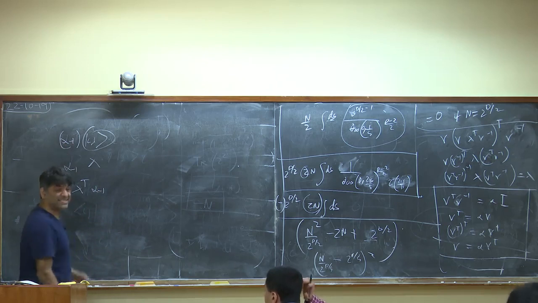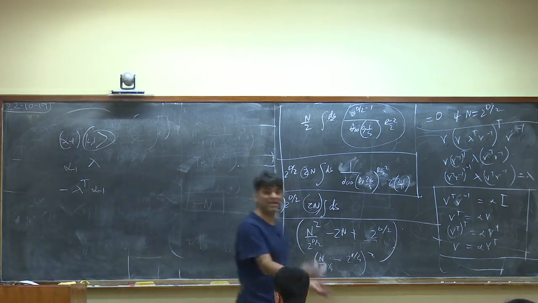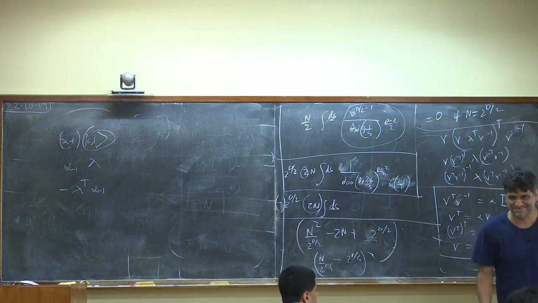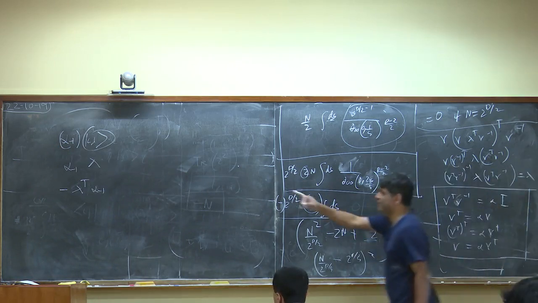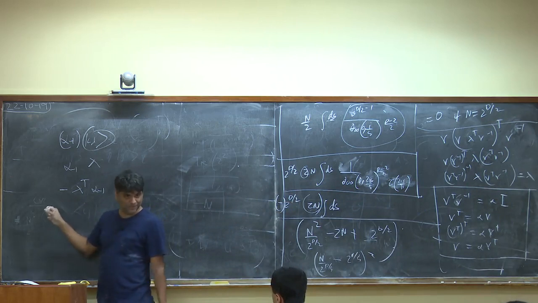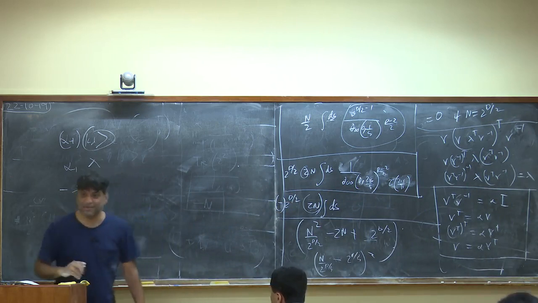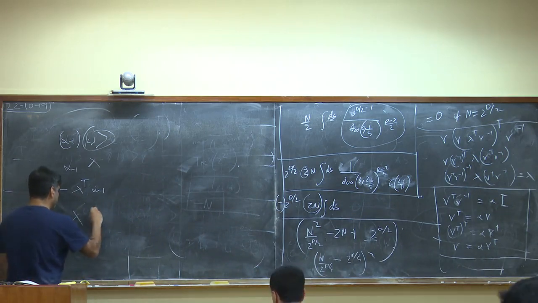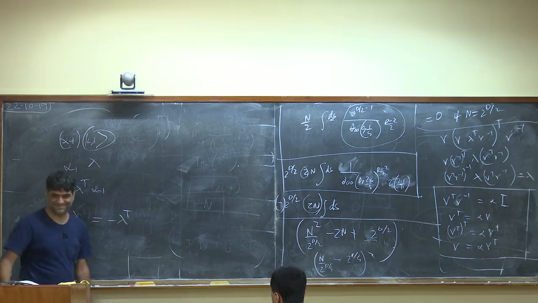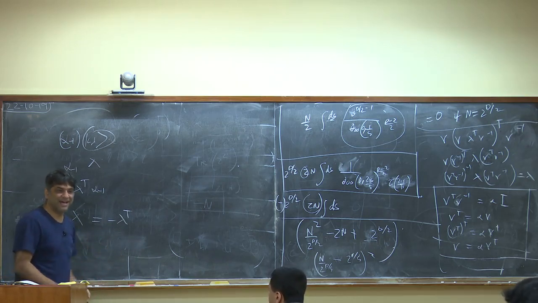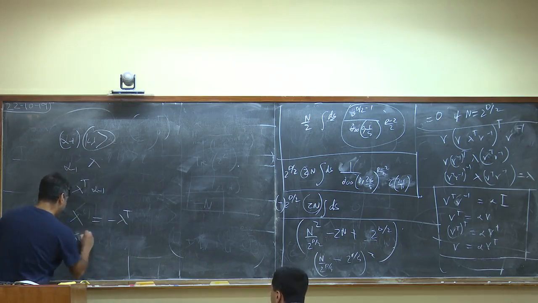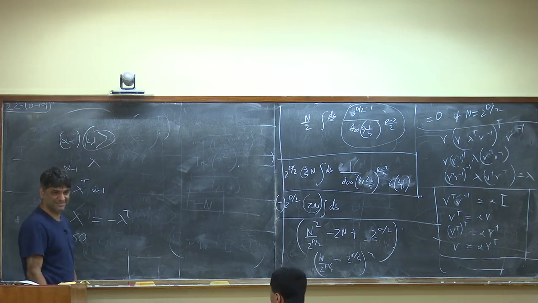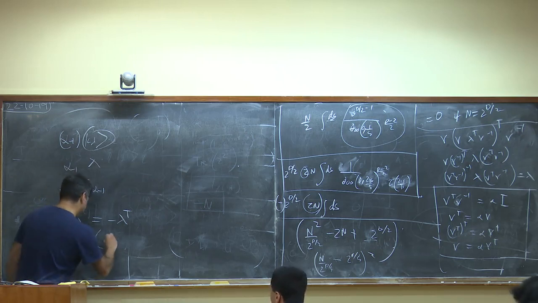Which of these states then survive? Which are invariant under orientation preservation? Those states such that alpha minus 1 lambda is equal to alpha minus 1 into minus lambda transpose. So those are the states such that lambda is equal to minus lambda transpose. This is the condition for the Lie algebra of SO, with as many dimensions as 2 to the power d by 2.